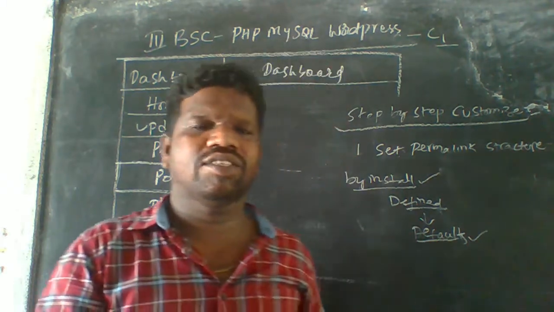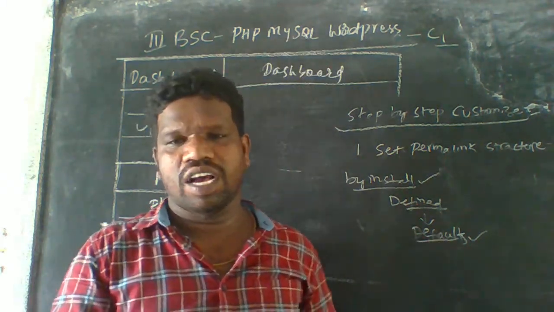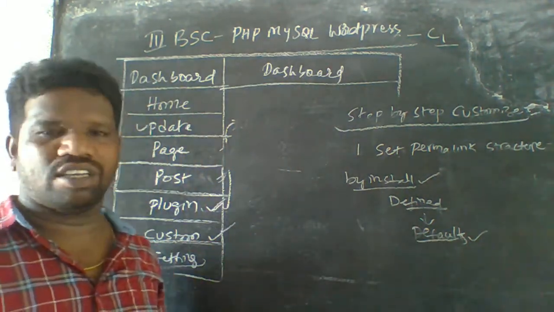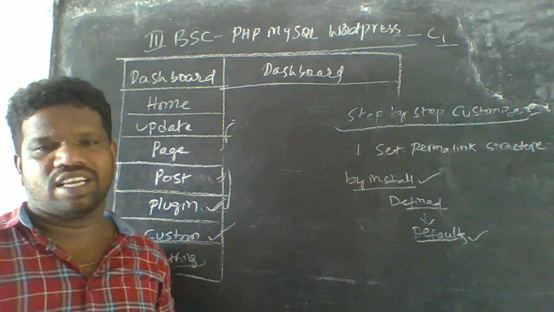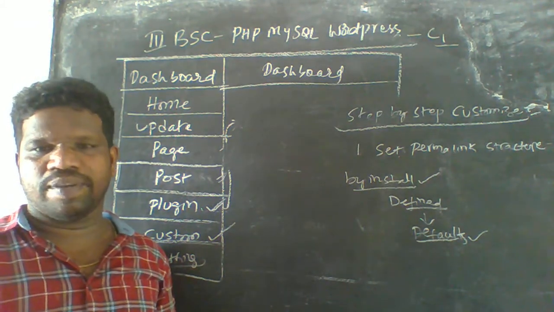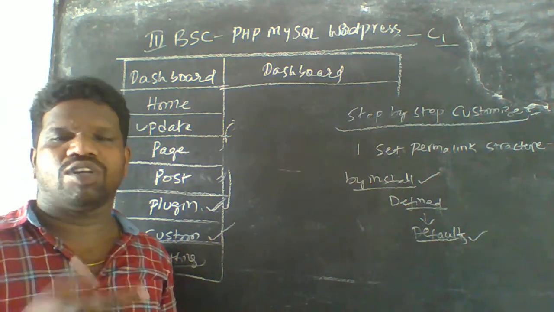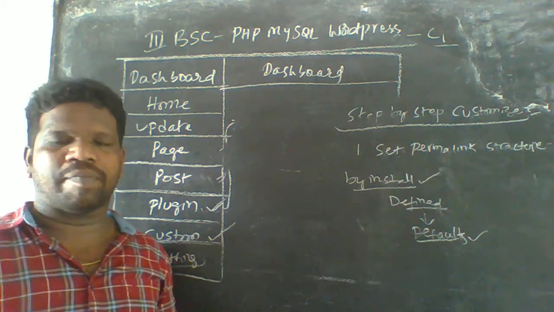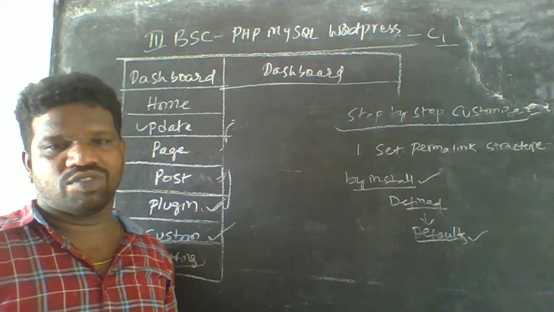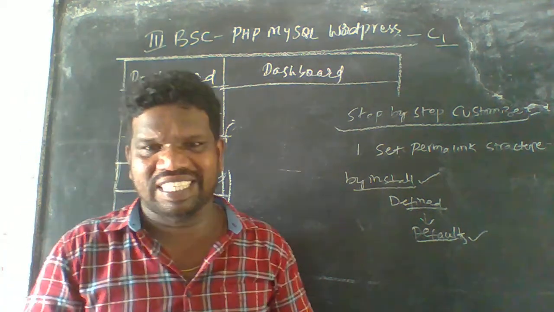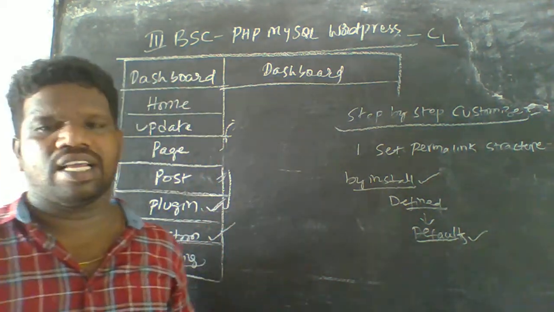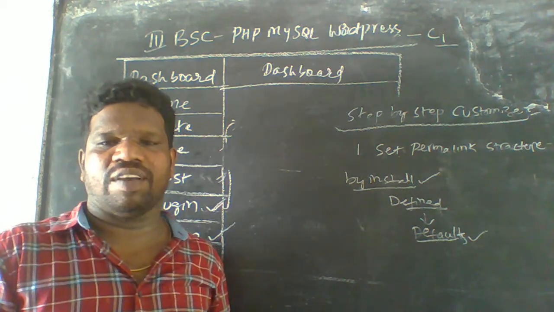WordPress comes with the default permalink structure out of the box, and it's not the most optimized one, and that's why we should fix it right upon making your site available to the world.